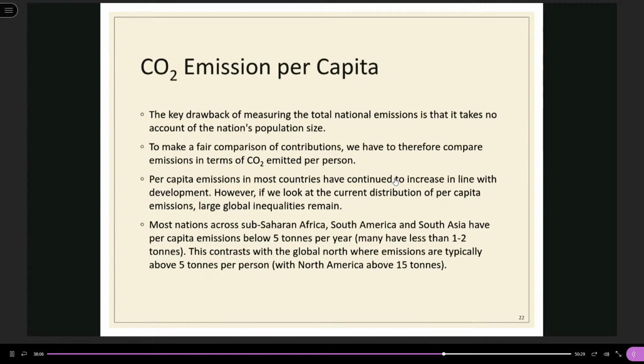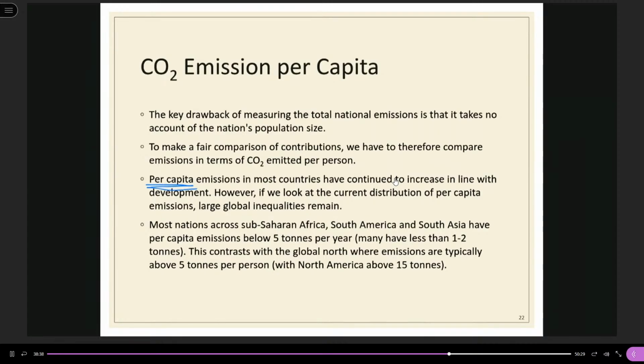To make a fair comparison of the contributions, we have to compare the emissions in terms of carbon dioxide emitted per person. Per capita means per person. Per capita emissions in most countries have continued to increase in line with development. However, if we look at the current contribution of per capita emission, large global inequalities remain.